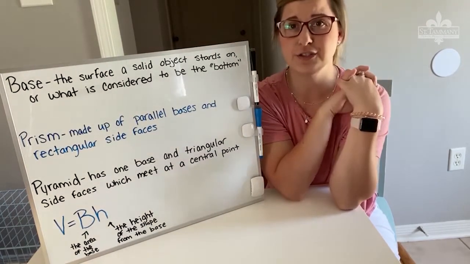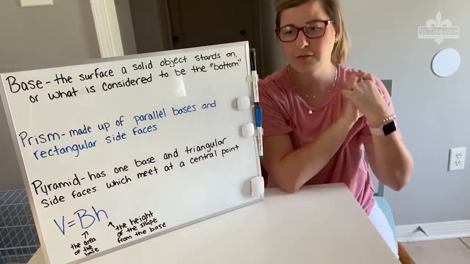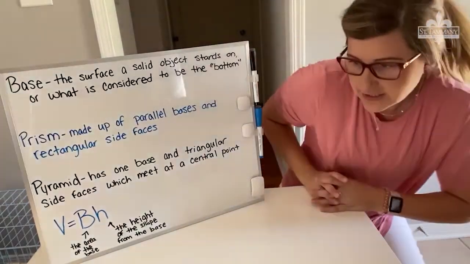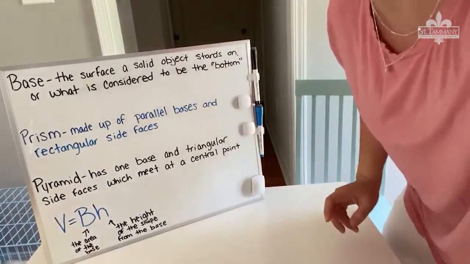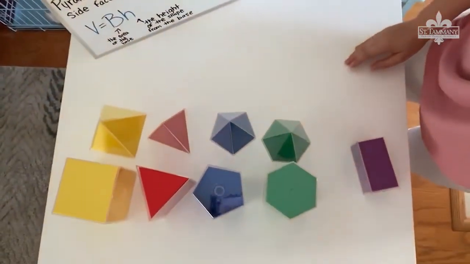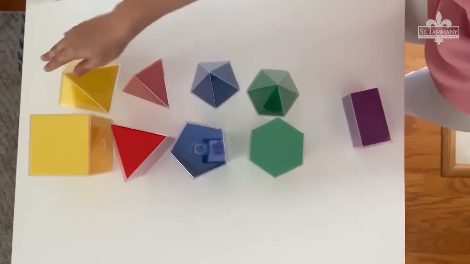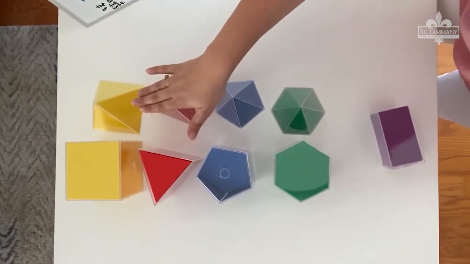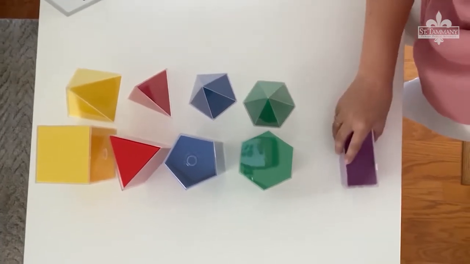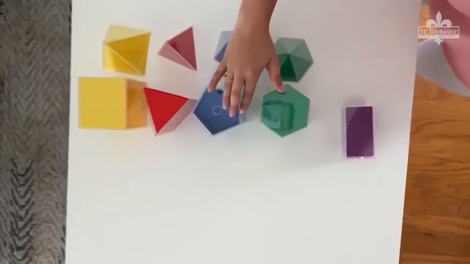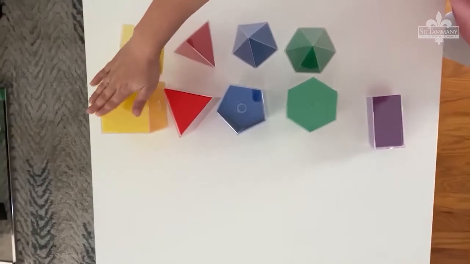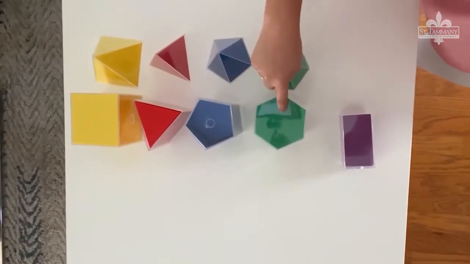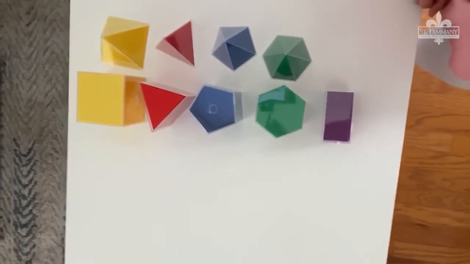Okay, so that concludes all of our shapes for today. Let's look at them one more time. So we have all of our pyramids here that are coming to a point, and then all of our prisms here that have a specific shape as their base.